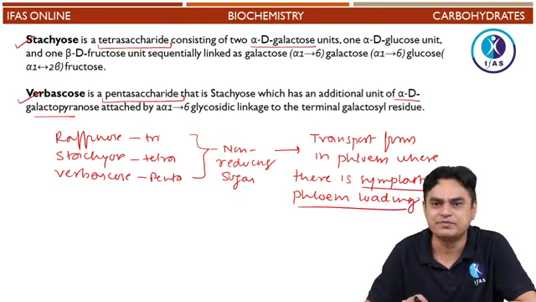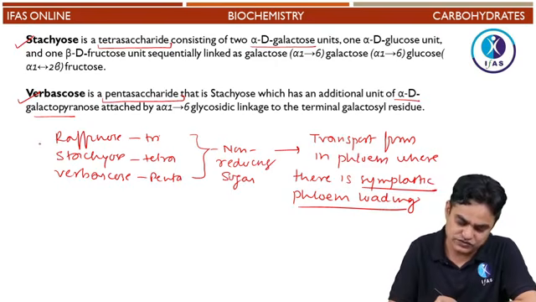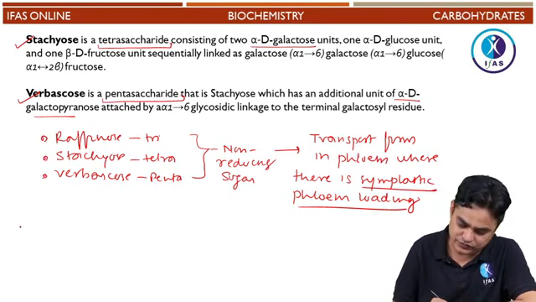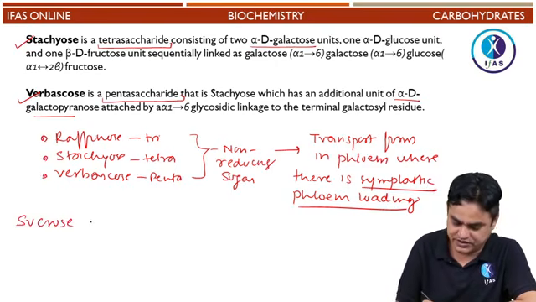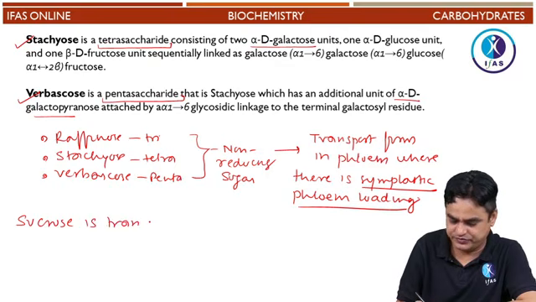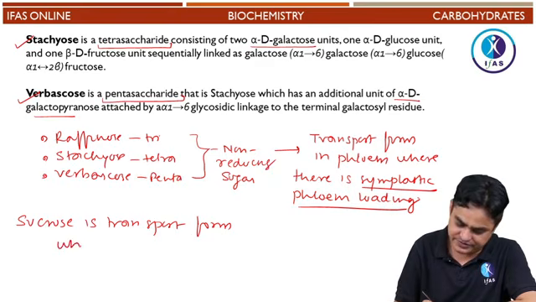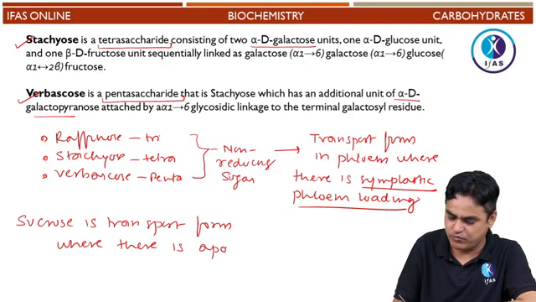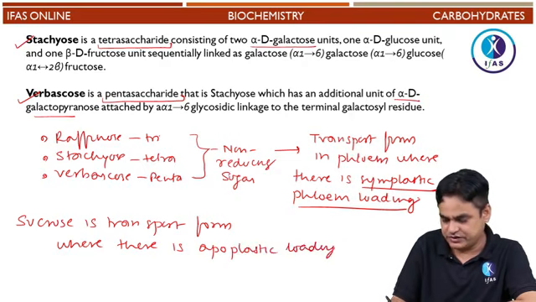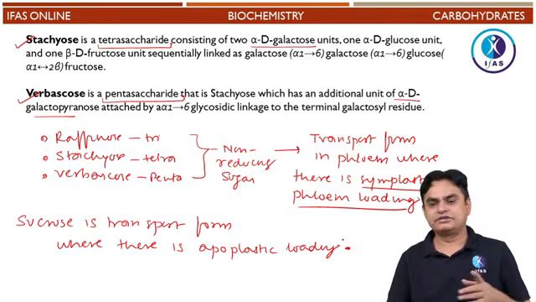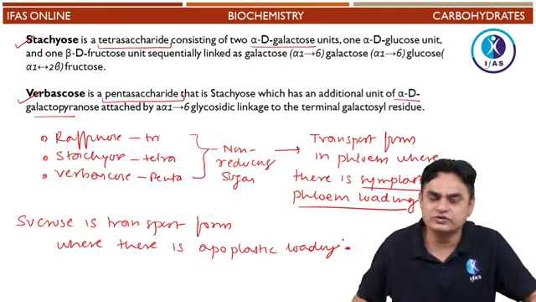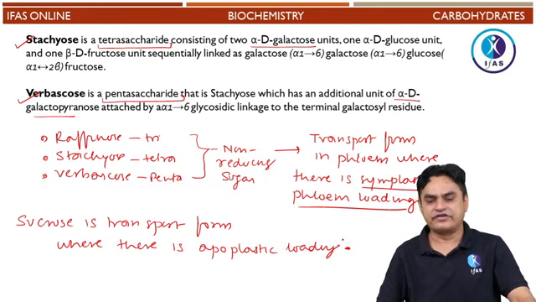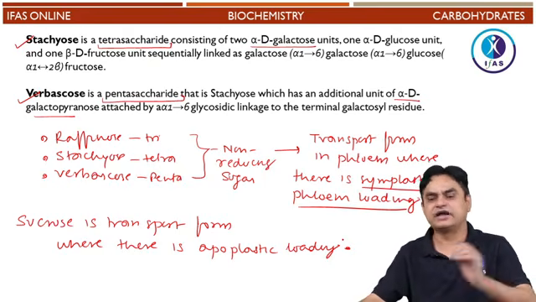But wherever there is symplastic phloem loading, the transport is in the form of raffinose, stachyose and verbascose, while sucrose is the transport form where there is apoplastic loading. Okay, so my dear friends, this is about the simple oligosaccharides, that is disaccharides, trisaccharides, tetrasaccharides, and so on.